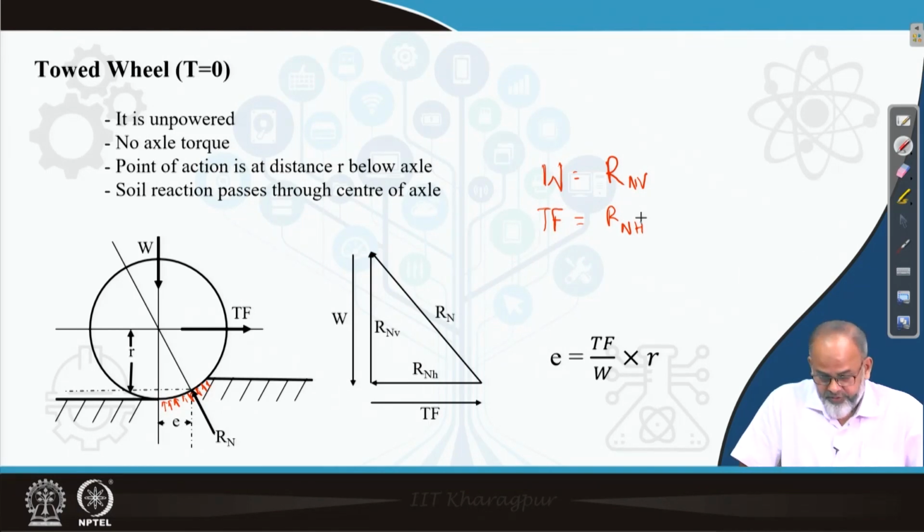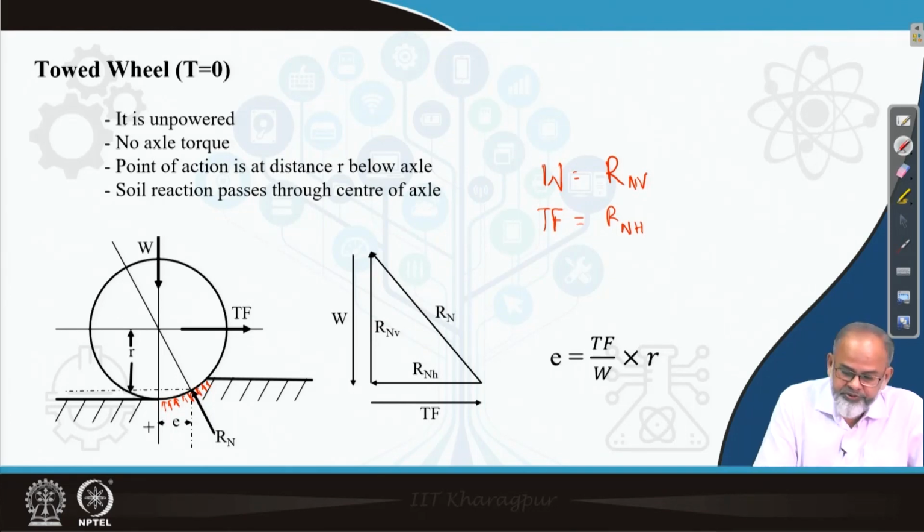So towing force is nothing but the summation of horizontal forces acting opposite to the direction of motion, and weight is the summation of the vertical forces. The magnitude is the same, but the reactions are in the opposite direction. That means Rnv is opposite to W and Rnh opposite to Tf.